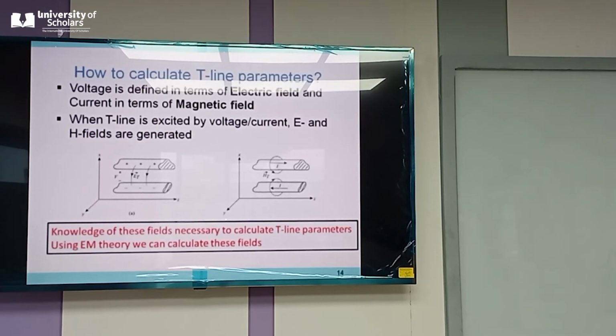And then to obtain the characteristic impedance, we have to relate the voltage V to the generated electric field. And we have to relate the current I to the generated magnetic field. And one cannot obtain or understand the electric and magnetic fields unless one studies electromagnetic theory.